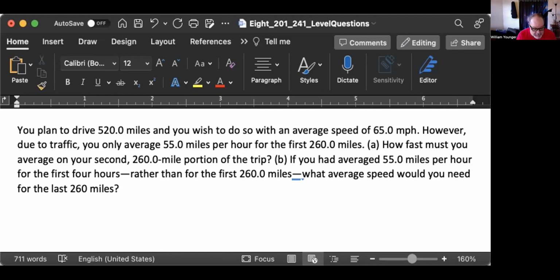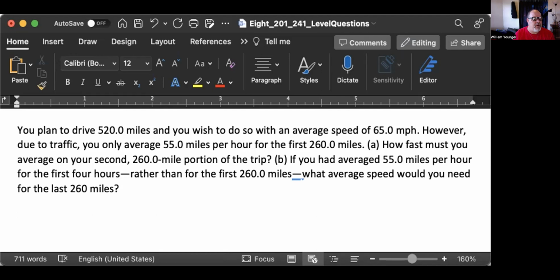So I'll say D total is equal to 520.0 miles. Yes, I know I'm doing everything in miles per hour, but that's a more typical scenario when you're dealing with these types of things in everyday life. Your physics instructor, if they gave you a problem like this, would probably want you to convert it to kilometers per hour or meters per second or something like that.